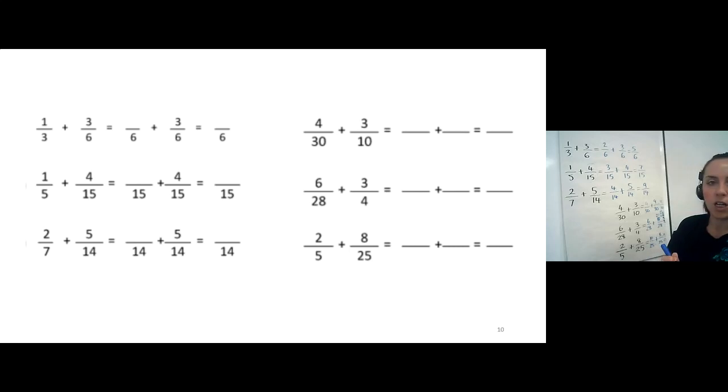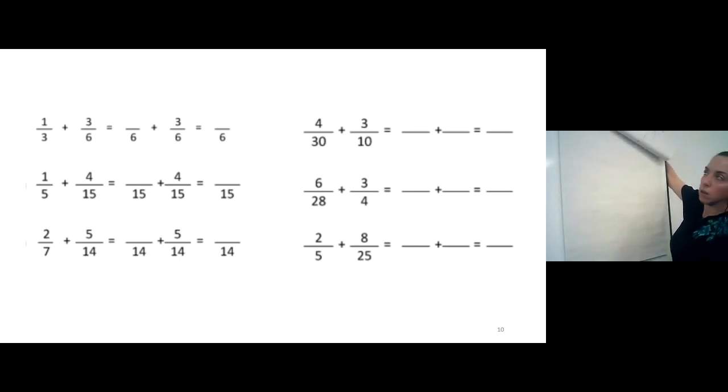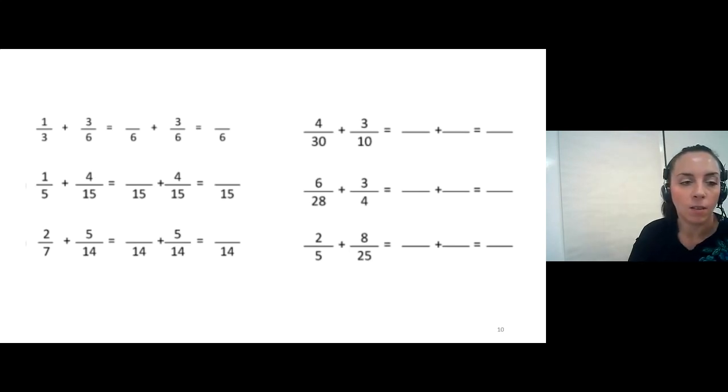Well done. Right, is everybody okay with adding fractions? Any questions? Fab, Chloe feels better on that now, which is exactly what the aim of today is, which is great to hear.